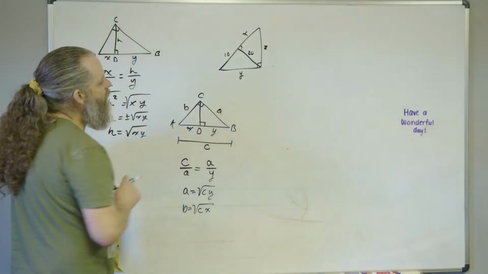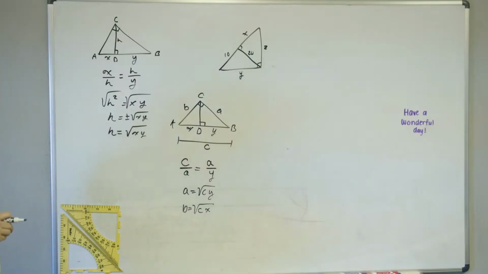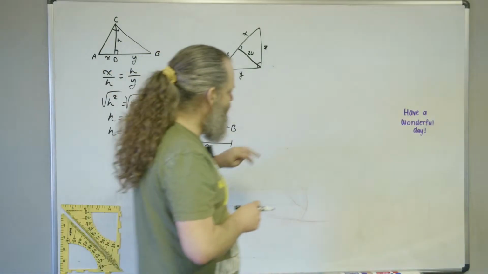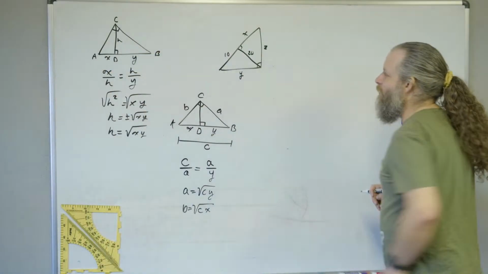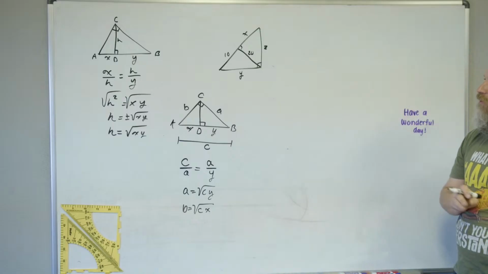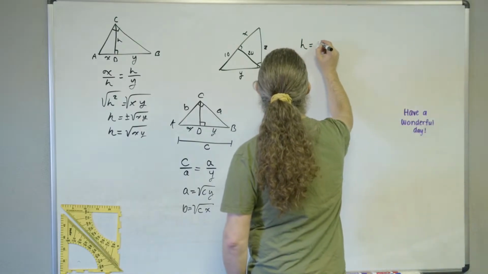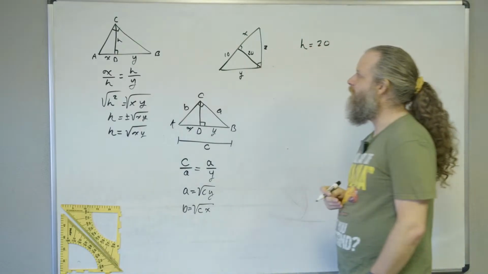So we come over here. This triangle is topsy-turvy. He's flipped and flopped. So on the H and the Y, we've got a number for the altitude, right? Good. Translating back to these, H equals 20.